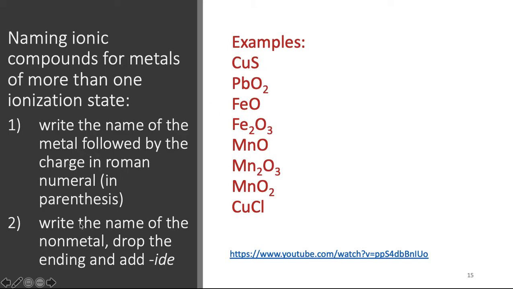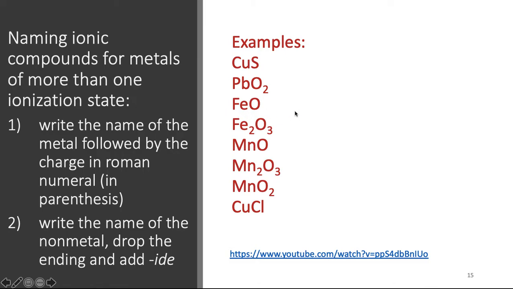And then the naming of the anion, so the nonmetal, is the same as the one in the slide before. As you can see, for example, I have 2 oxides of iron here. I cannot just write iron oxide, oxygen, cut off the ending and add IDE.